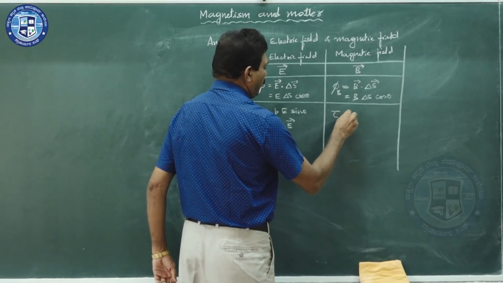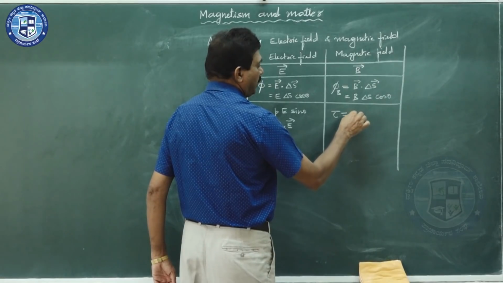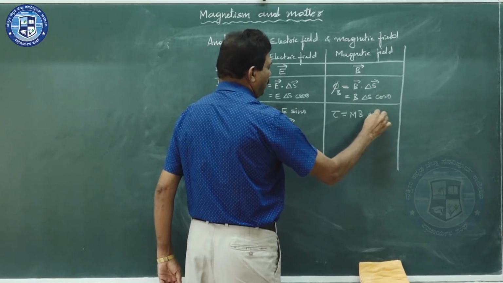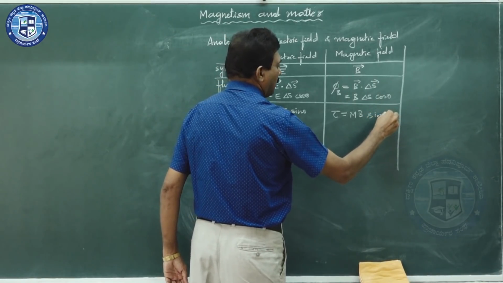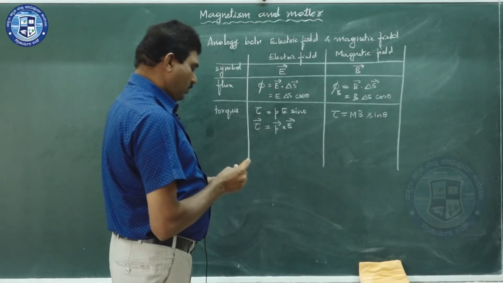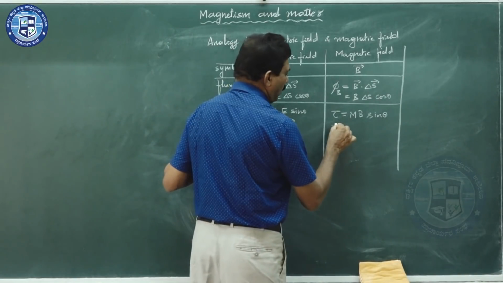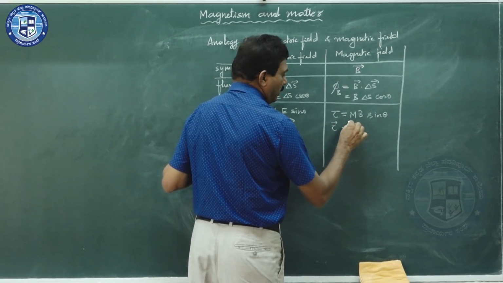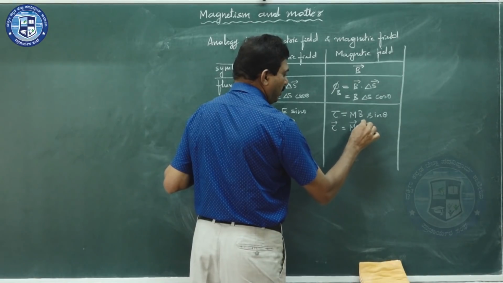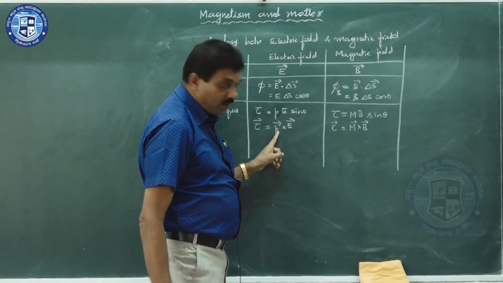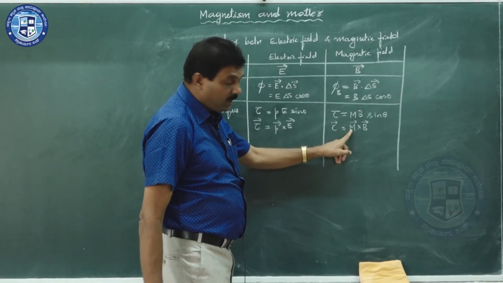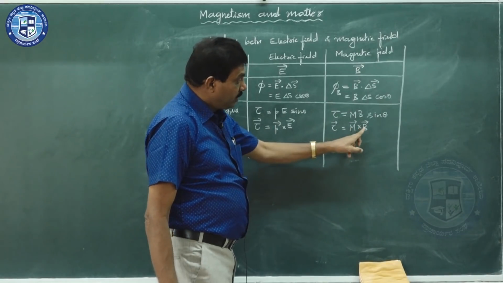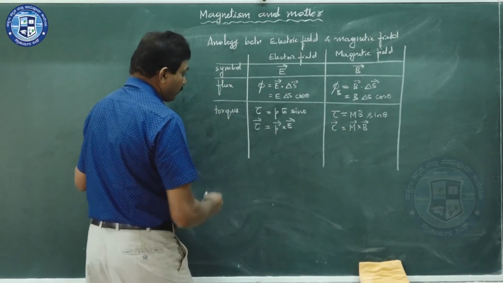Here the torque of the magnetic field is, instead of P you should take M, and instead of E it is B, M B sin theta. In the vector form, this magnetic torque is vector M cross vector B. Look at this one, P is electric dipole moment, M is magnetic dipole moment, E is electric field strength, this is magnetic field strength.